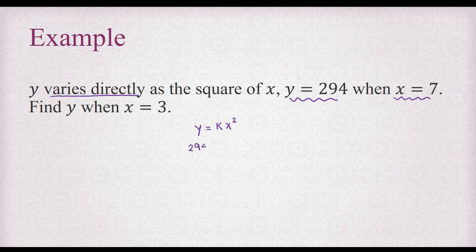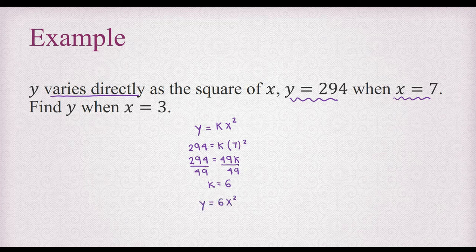So we want 294 to go in for y. We don't know what k is. I know that I want x to be 7. So I'll square 7 and get 49, which is being multiplied by k. I'll divide both sides by 49, and we just found our variable k to be 6. So that means that we really now have y equals 6 times x squared.